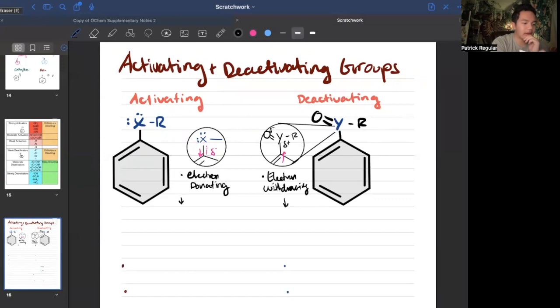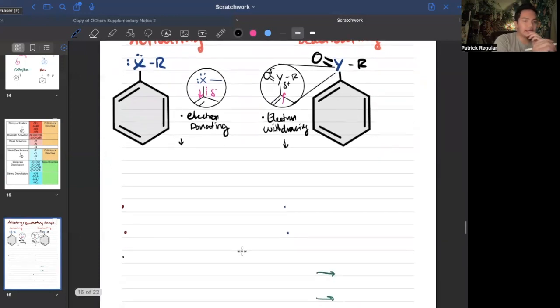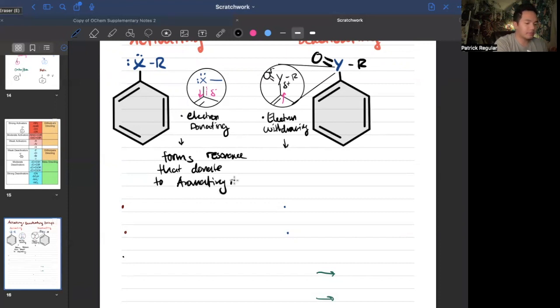So this forms resonance that donates to the aromatic ring, while electron withdrawing draws electron density away from the aromatic ring.